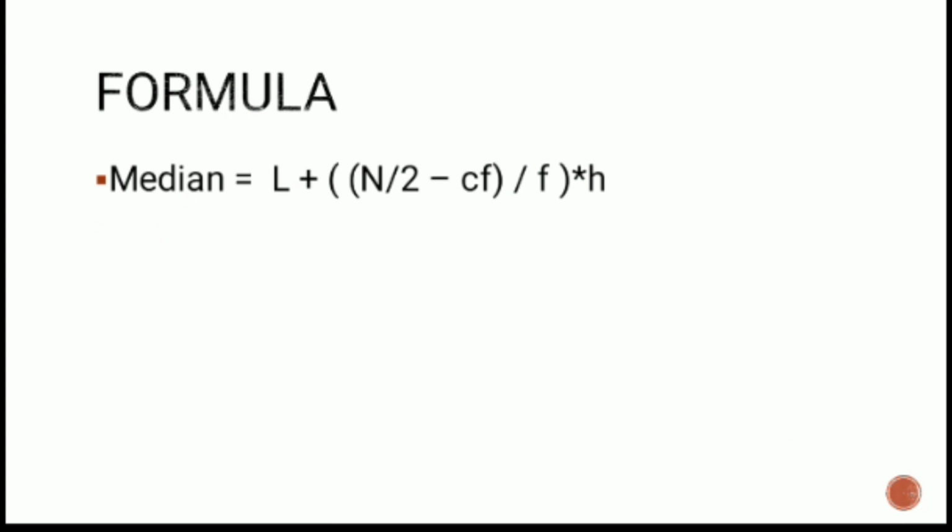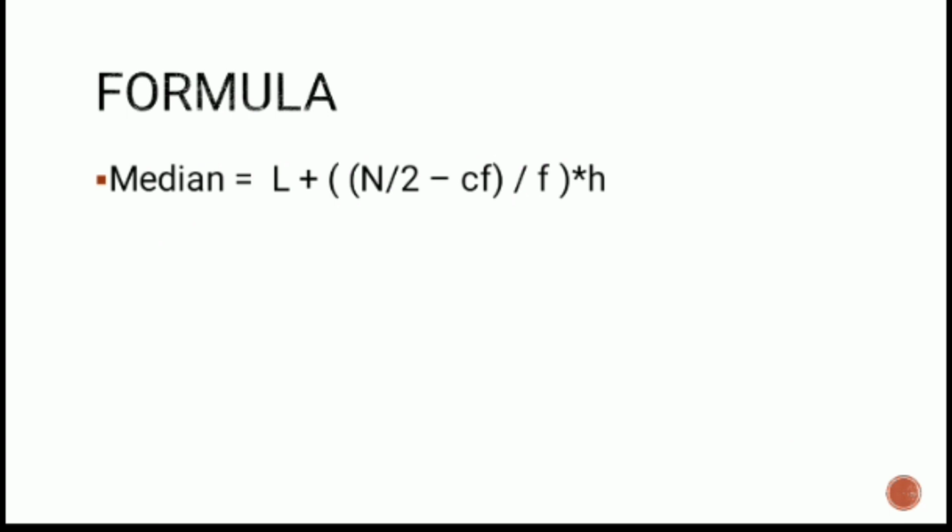Yes, we are going to start with how to find the median for a grouped frequency distribution. So let's see the formula for it. The formula is median is equal to L plus (n by 2 minus Cf) upon f into h.